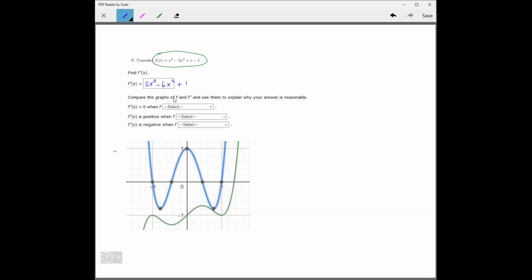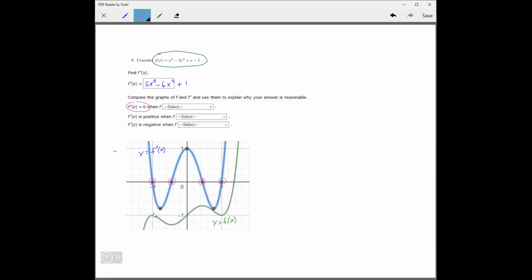Now, compare the graphs of f and f prime and use them to explain why your answer is reasonable. Okay, so this blue one is f prime, y equals f prime of x. And the green one is y equals f of x. So the green one is the original one. Okay, the derivative is 0. So this happens at these points right here.